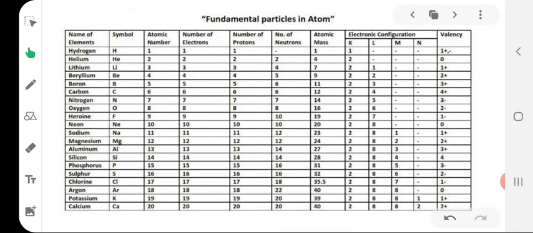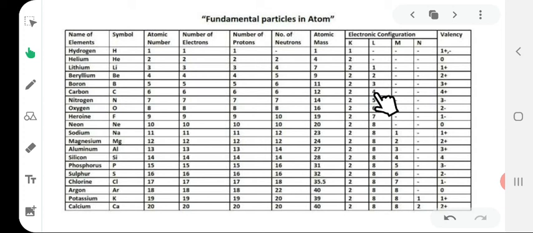Elements having 1, 2 and 3 valence electrons tend to lose these electrons. These are generally metals. Elements having 5, 6 or 7 valence electrons tend to gain 3, 2 or 1 electrons respectively. So these are non-metals.